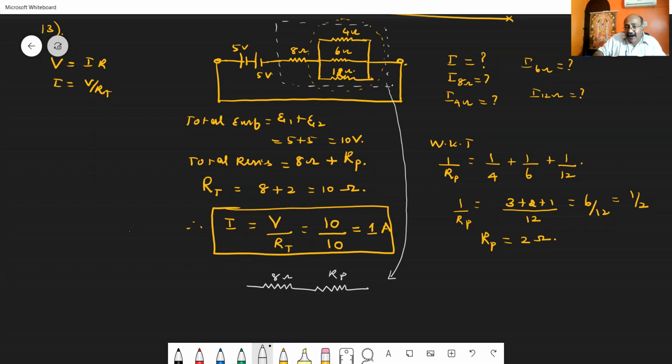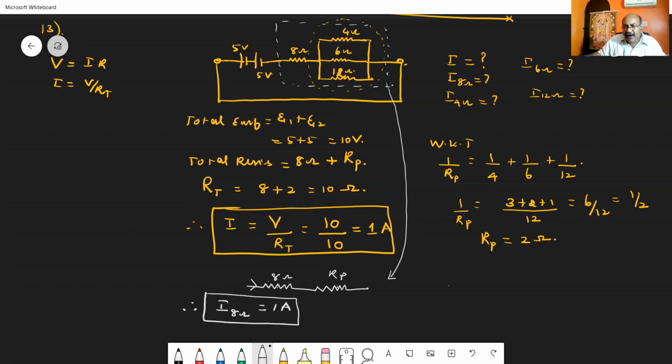Since this 8 ohm and RP are in series, the current flowing through 8 ohm and RP are the same. Therefore, the current flowing through 8 ohm is equal to 1 ampere that we have calculated.